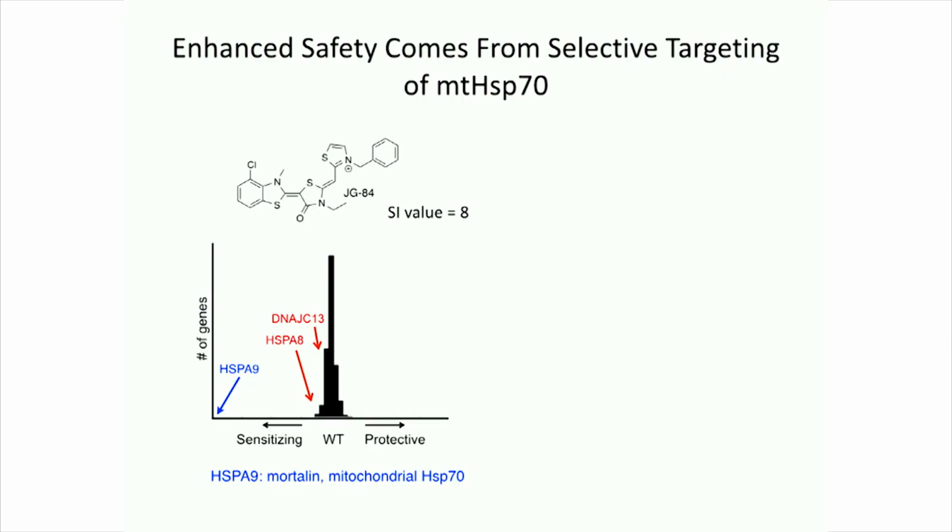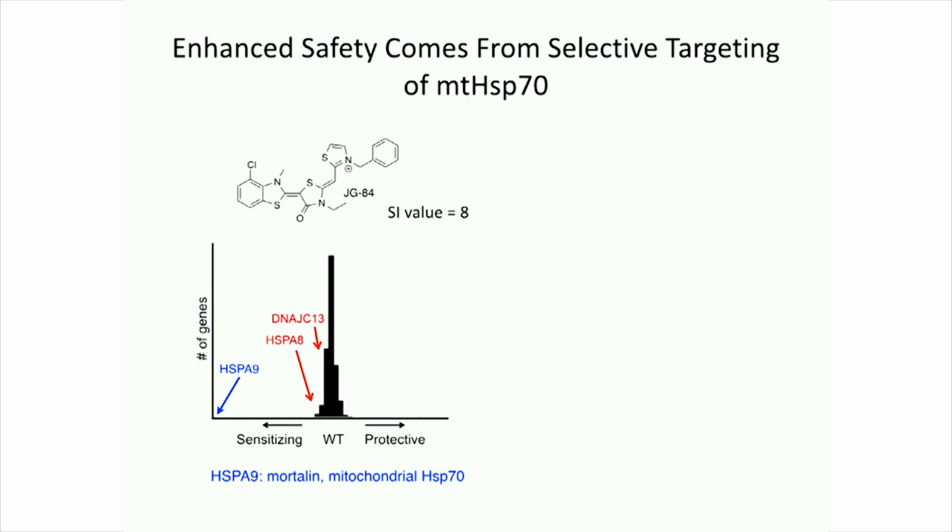And that's essentially the type of screen that was done. And what we saw with the JG84, this is the one that had the 8-fold specificity for a transformed cell, is that one version of HSP70, HSPA9, one that's found in the mitochondria, of course, the power source of the cell that has its own protein folding environment.